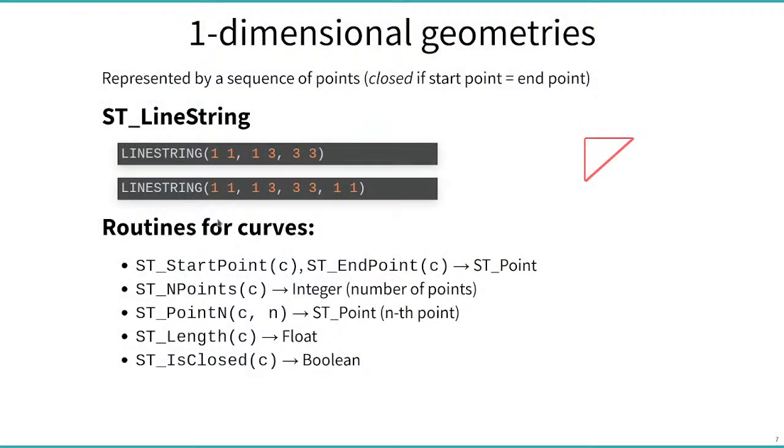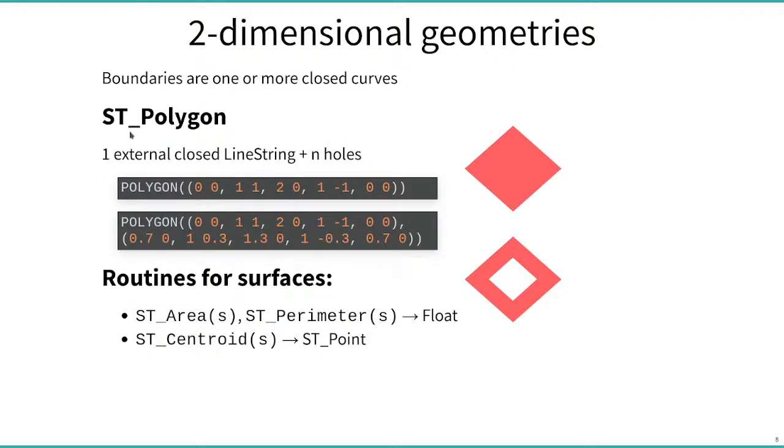You can ask for a start point for a curve. That's what we had. For polygon, you define them by, first of all, a line string which defines the outer border of that polygon. And polygons can have holes. So this one here has a hole.